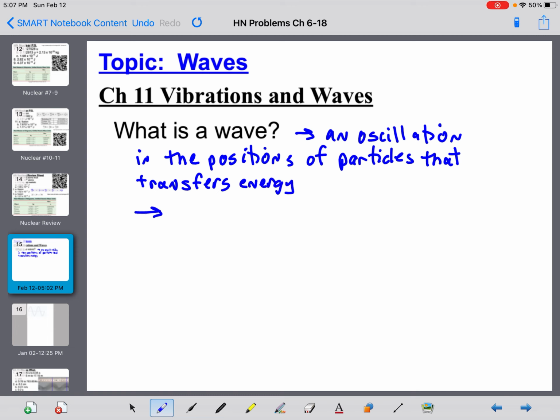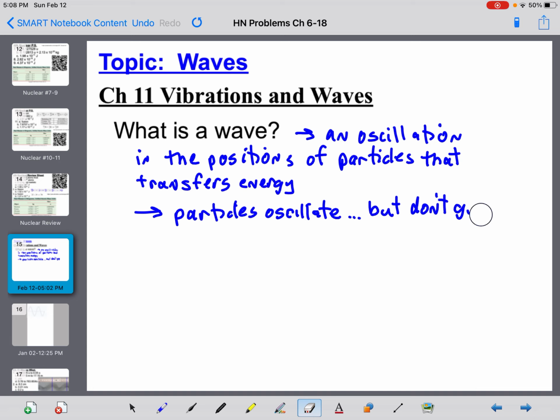Again, key things to remember here. Your particles oscillate, but don't really go anywhere. They return to their original position. Just like people doing the wave, you stand up, you sit down, you're back in your seat.